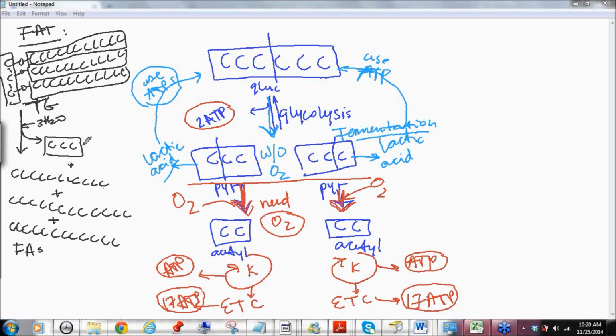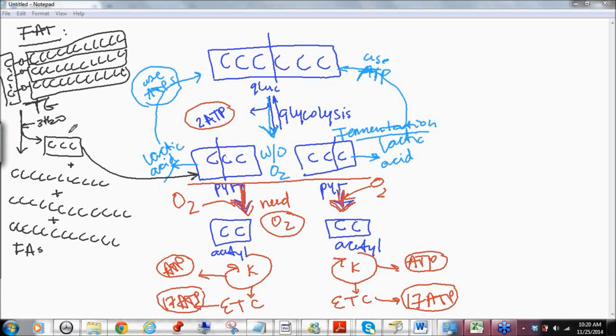Now, glycerol can be easily turned into pyruvate, and then you can do whatever you want from the pyruvate. You can turn it into acetyl groups and run the Krebs cycle and electron transport chain, or turn it into lactic acid, or turn the pyruvate back into glucose if necessary.